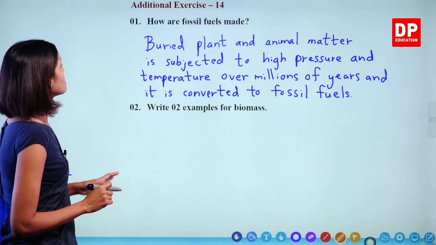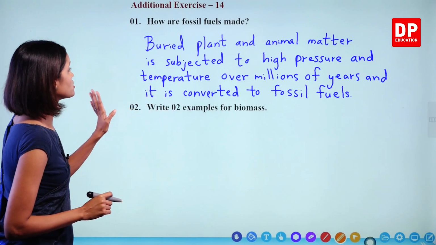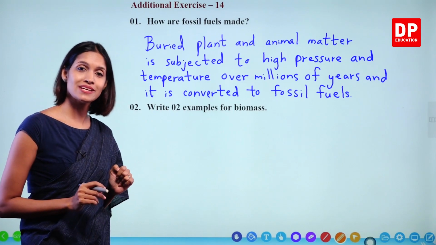Okay? Buried plant and animal matter is subjected to high pressure and temperature over millions of years, and it is converted to fossil fuels, right?